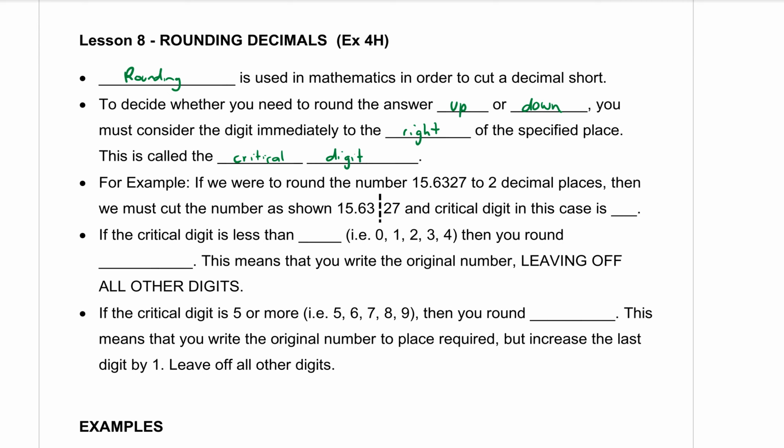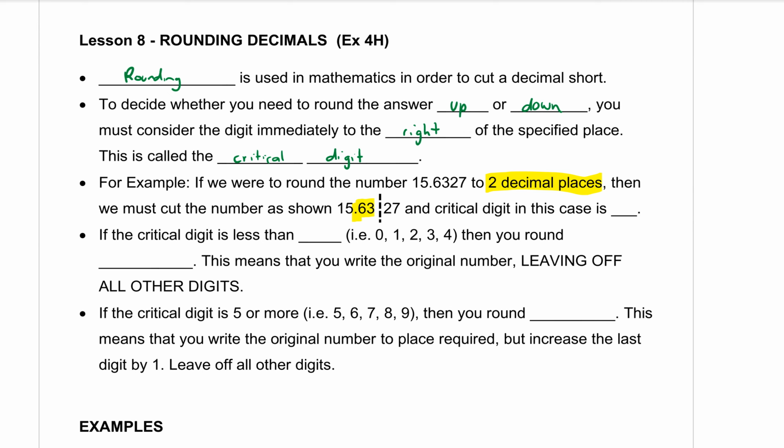For example, if we want to round the number 15.6327 to 2 decimal places, the question said that I want 2 decimal places. Then I must cut the number as shown. I've counted: here is my decimal point, and I want the 6 and I want the 3 because there's 2 numbers.